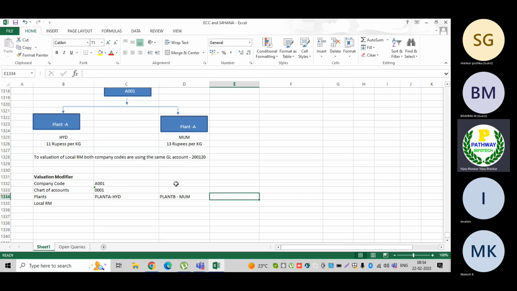This scenario will be applicable for one company code or multiple company codes. Remember, I have two plants here.